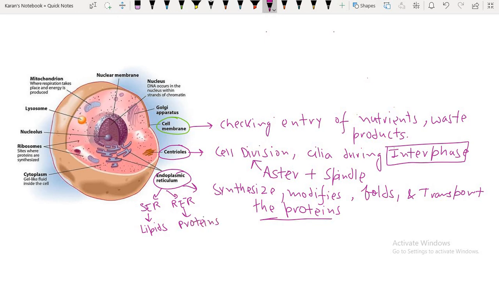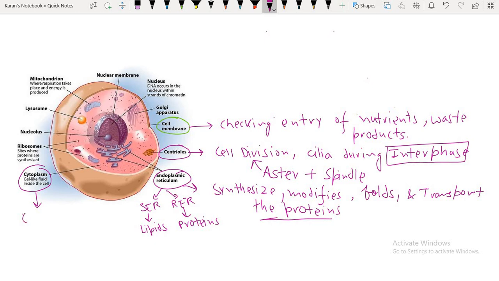Then there is cytoplasm. You can see cytoplasm. This is the gel-like fluid which is inside the cell, and cytoplasm is the main arena of cellular activities. Moreover the organelles remain suspended in the cytoplasm. You can see this whole is the cytoplasm, and various organelles are suspended in it.